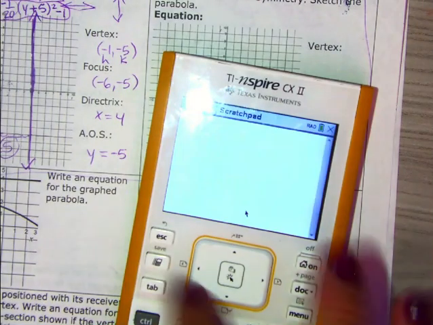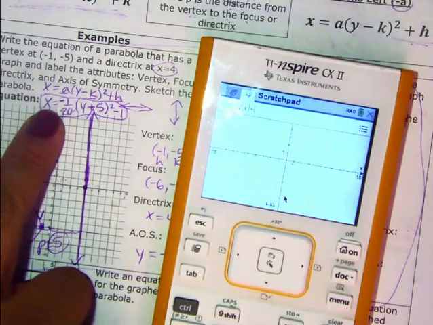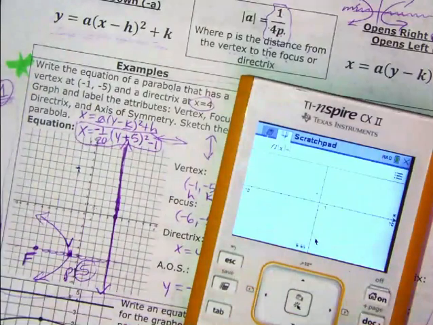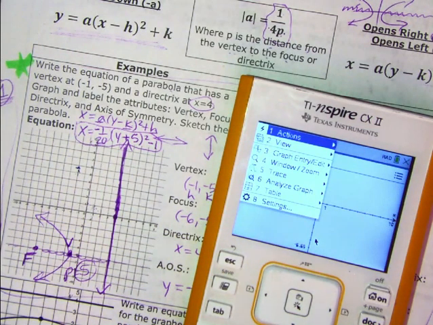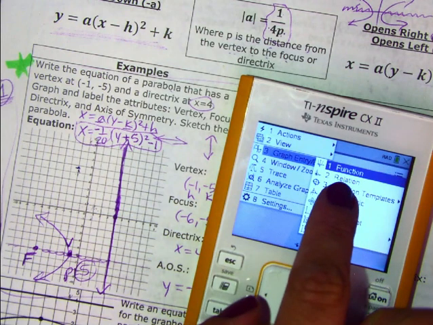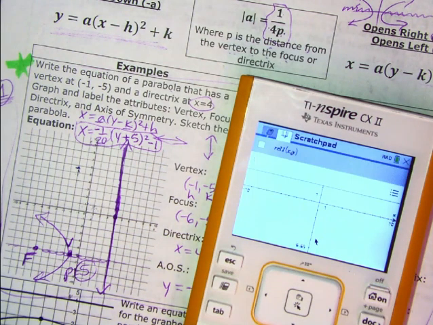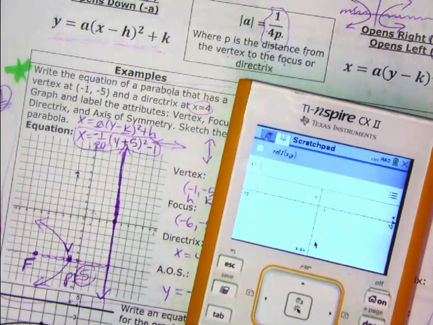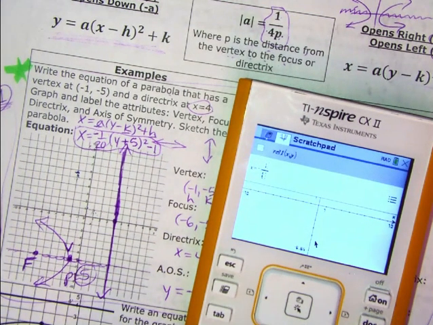You can always use your calculator to verify. If you want to graph an equation that starts with x equals, you want to go to menu, graph, and instead of function, we're going to do relation. And then we type x equals negative 1 over 20, (y plus 5) squared minus 1.